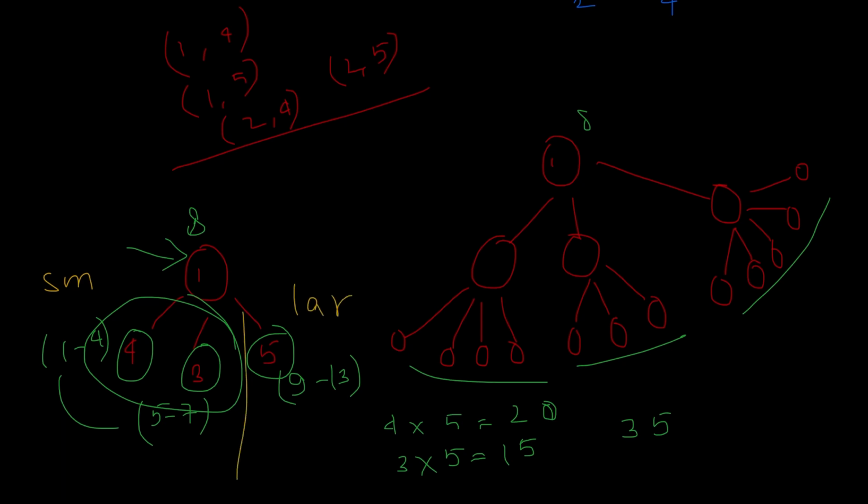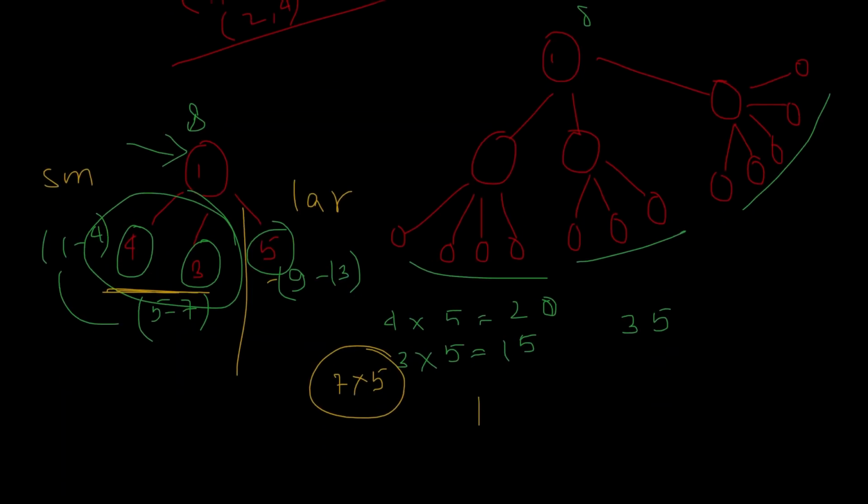We need to divide the children into two parts, a smaller part and a larger part, such that we get the maximum possible product value. That is, we multiply the sum of each side, for example 7 into 5. We want the maximum possible value for left into right.